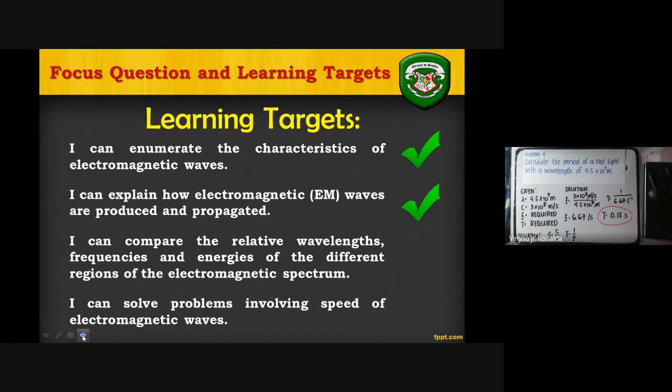As we said, that the energy and the frequency are both inversely proportional to our wavelength. Okay, so we are able to discuss this particular learning target.